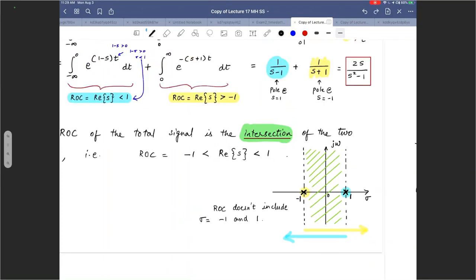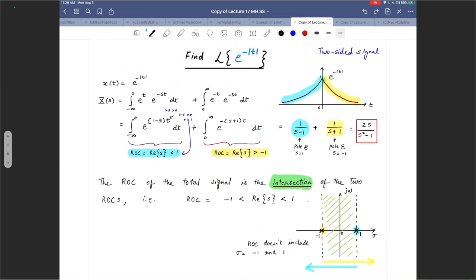A couple of things we can note here. If the signal is two-sided, then the region of convergence turns out to be a vertical strip in the S-plane. It's bounded on both sides.